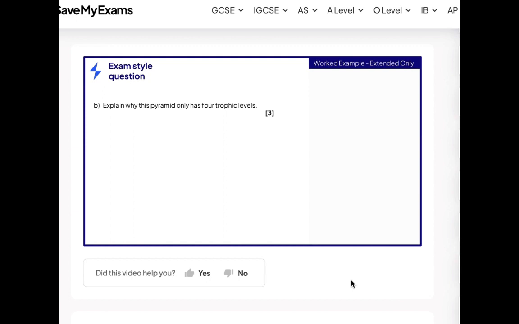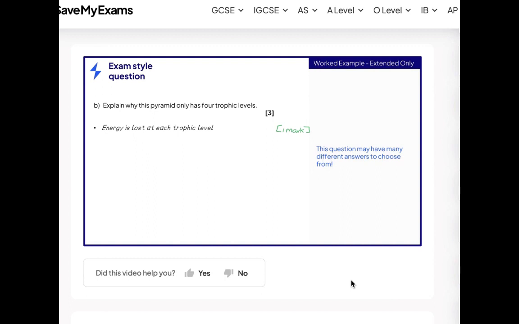For the second question, you have to think about the reasons why there may be only 4 trophic levels in this pyramid. This question is worth 3 marks, but there are quite a few reasons that you could mention here. We know that energy is lost at each trophic level, which is the main reason that the stored energy decreases as we go up the pyramid.